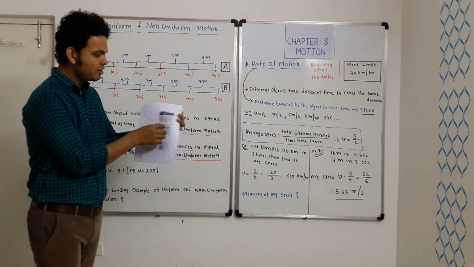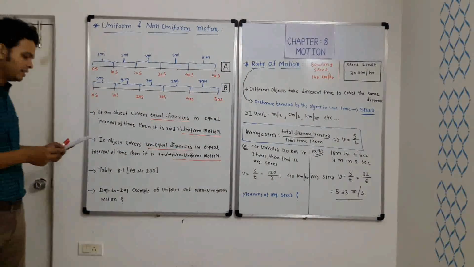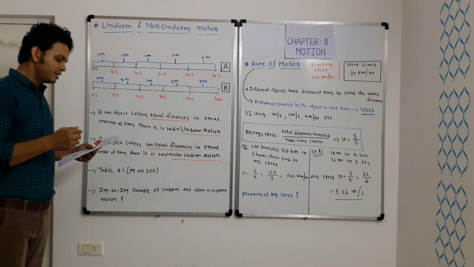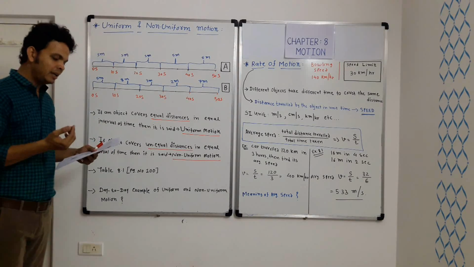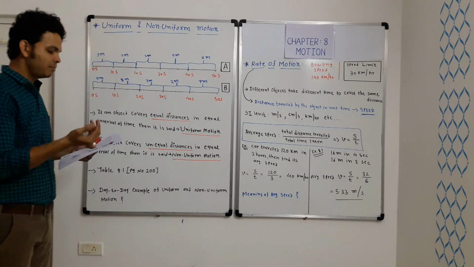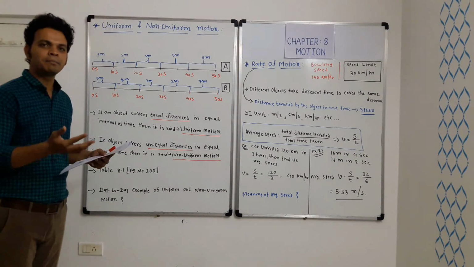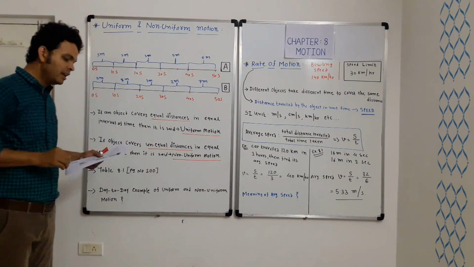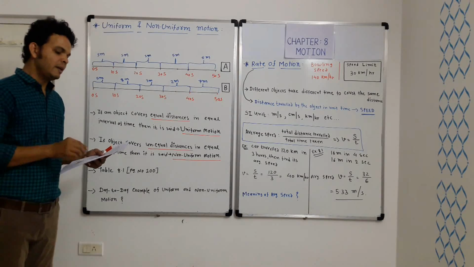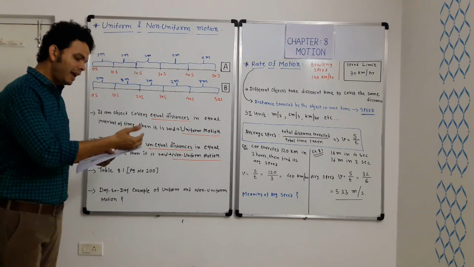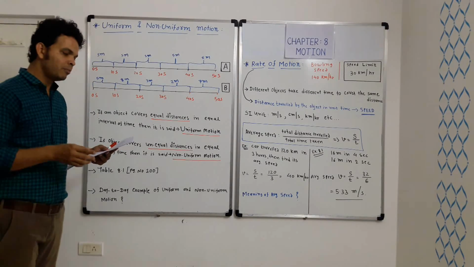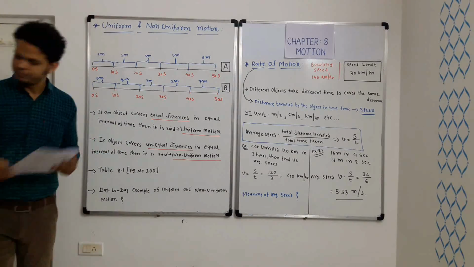On page number 100 you can see the example is given, let's say, the distance travelled by object A and the distance travelled by object B. It is almost the same example which we have taken here. So here also you can say object A is performing uniform motion and object B is performing non-uniform motion.